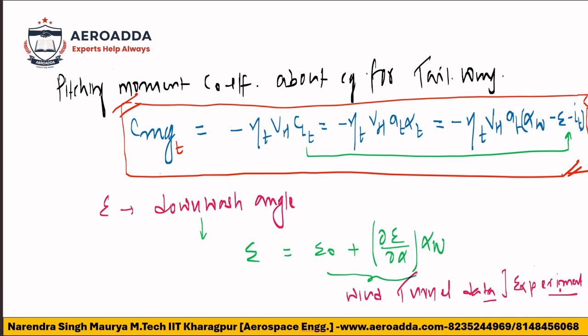Now just check it. In this CMCG you just replace this. So what is the CMCG you have? CMCG for the tail will be minus eta t VH into CLT. Instead of CLT, AT into alpha t.